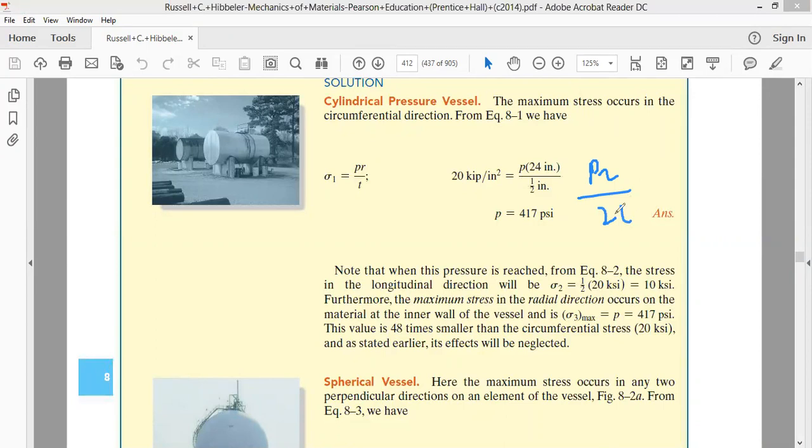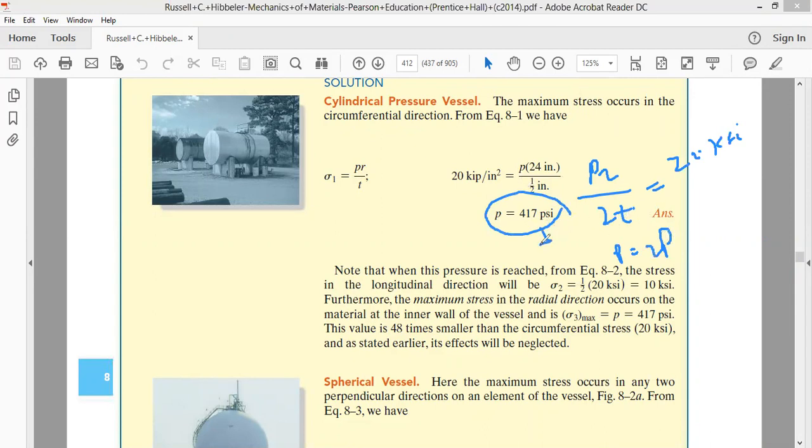PR by 2T is equal to sigma of 20 ksi. So from this formula you will obtain the value of P as twice the value of 417.